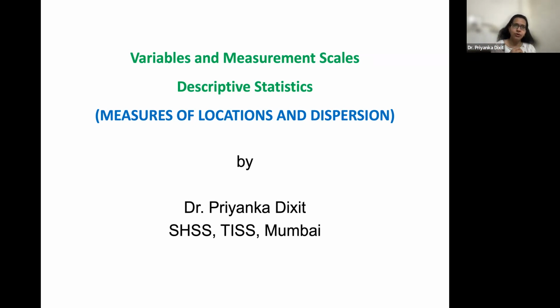Now what can I do? First, suppose I have the resources, I have the money. I can collect information from all the Mumbai residents and then calculate the proportion. Hypothetically, if the total population of Mumbai is 10 lakh, I should collect information on 10 lakh individuals and measure their obesity according to some standard scale, and then I can find out what proportion of the population are obese.